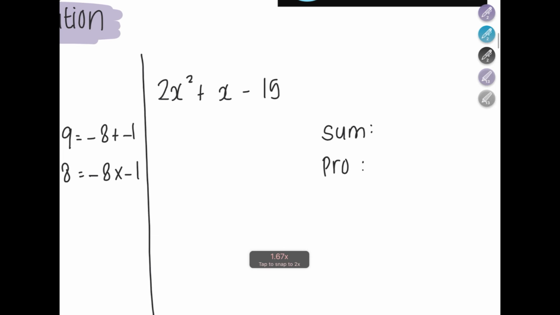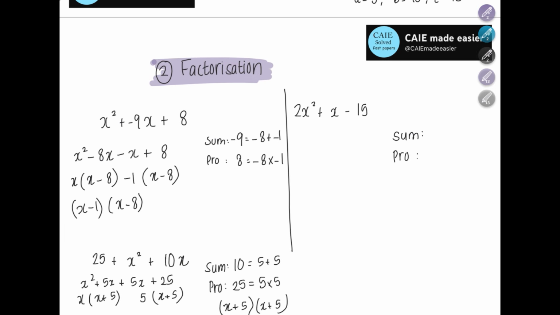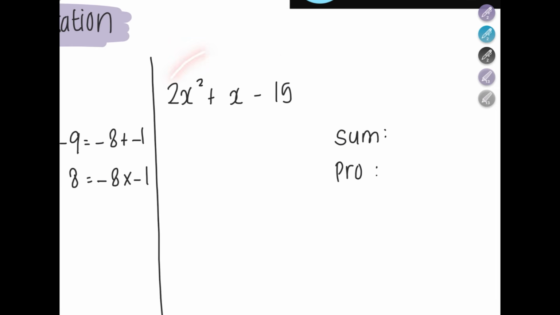On the other hand, here this is also factorization, but if you notice a difference here compared to these two questions, in these two questions the coefficient of x squared is 1, right? This is 1, this is 1, but here we have 2. So what do we do? We multiply them together to find the product.